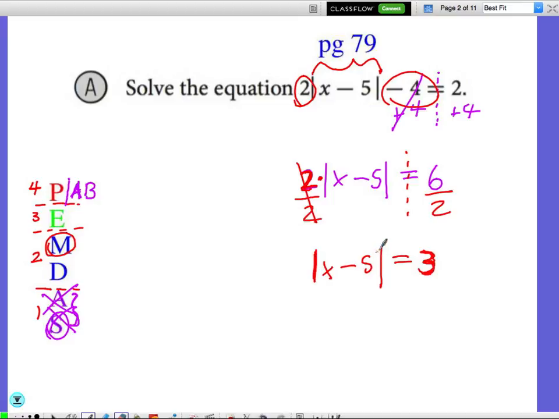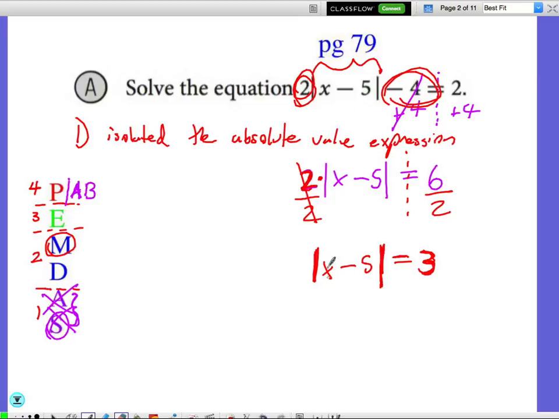Is there anything outside these vertical lines besides the equal sign and the 3? On the left side specifically. Anything outside the absolute value? No. I got rid of this 2, this negative 4, so what I did is I isolated the absolute value expression.